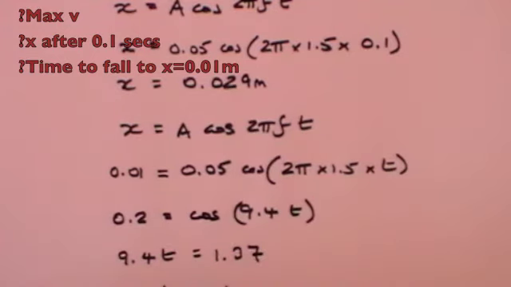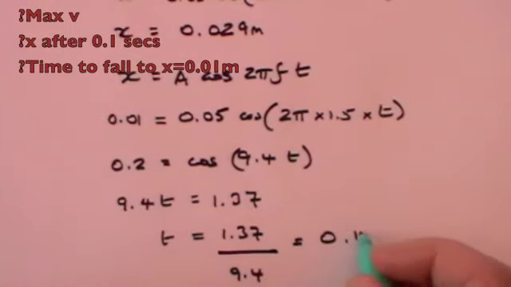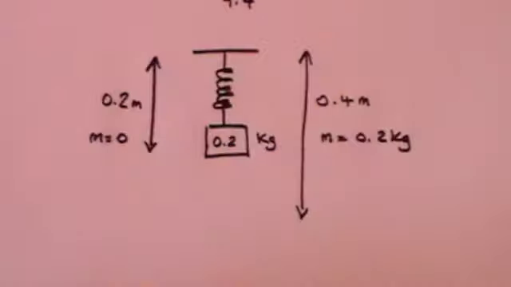And so t is equal to 1.37 divided by 9.4, which equals 0.15 seconds. So it takes 0.15 seconds from the maximum displacement before it is at a displacement of 0.01 meters from the midpoint. Question 11.